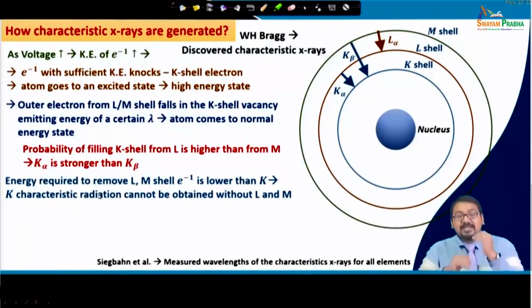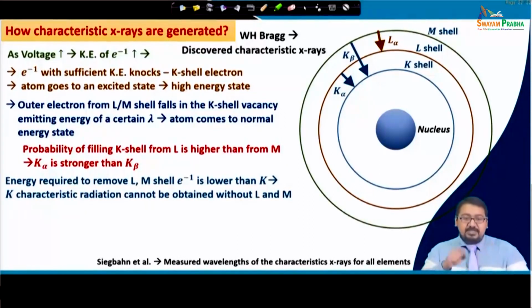similarly, when the K excitation energy of the electron becomes higher and it is sufficient to generate characteristic X-ray radiation of certain K alpha or K beta, then this energy is even sufficient to knock down electrons from the L shell and the M shell too, producing L alpha and M alpha radiation, right.